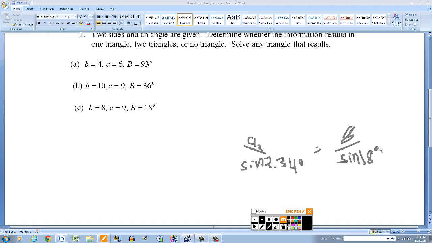That was the last step I had. So you take 8 divided by the sine of 18 degrees, multiplied by the sine of 2.34 degrees, and you'll find that A2 is going to equal 1.06.